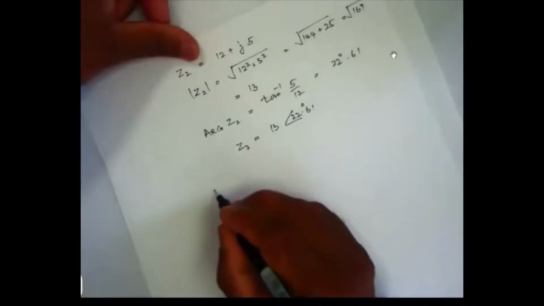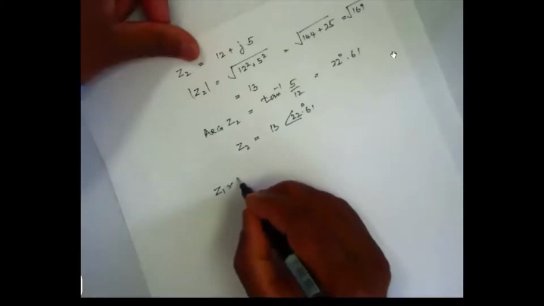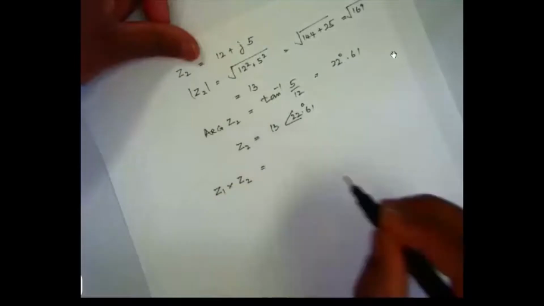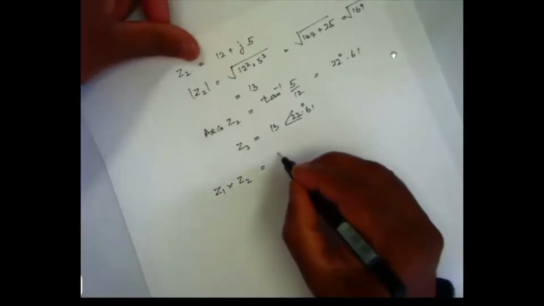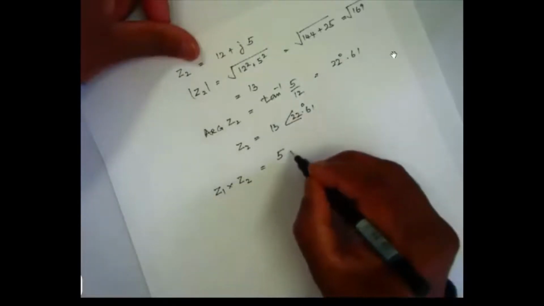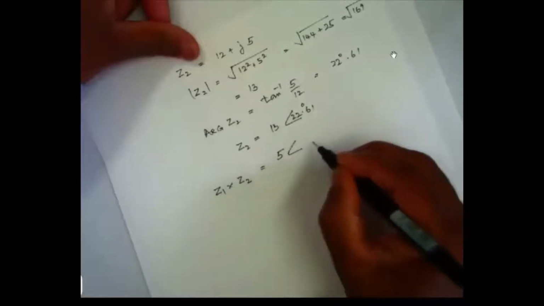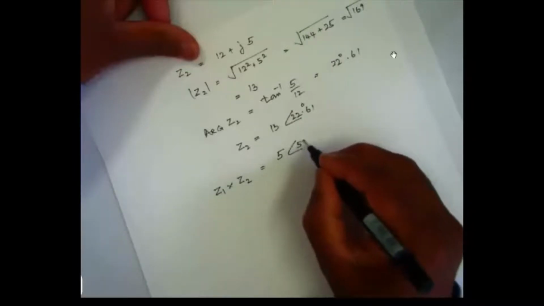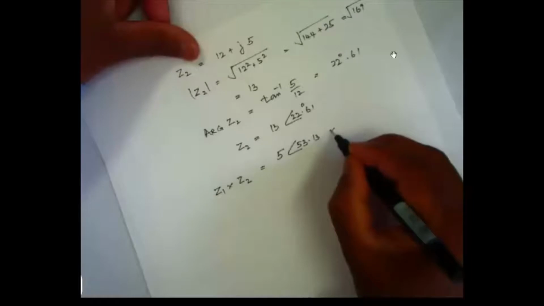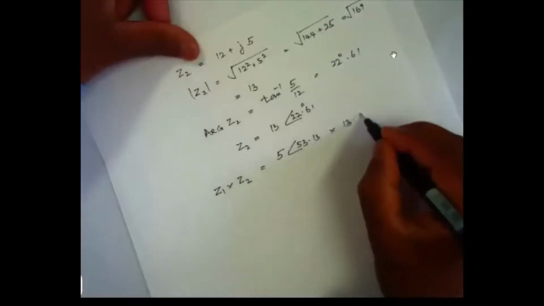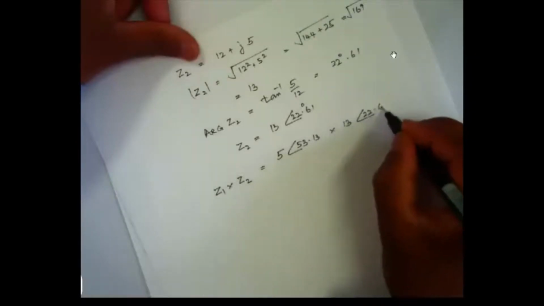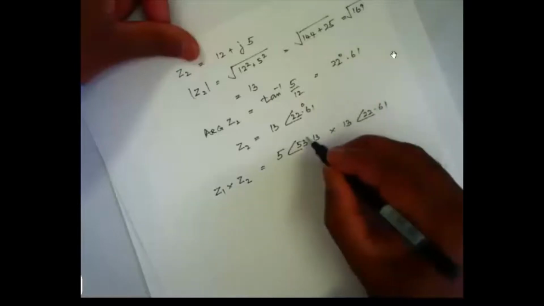Now, if you have to multiply Z1 times Z2, that is simply 5 angle 53.13 times 13 angle 22.61 degrees.